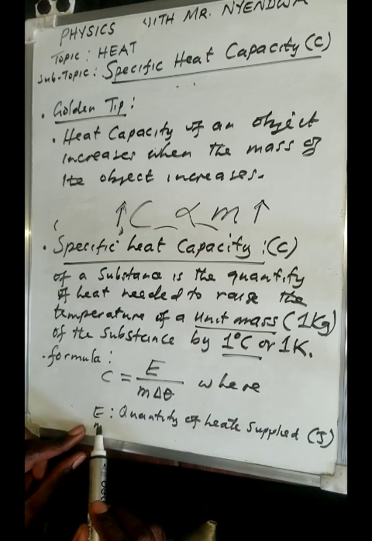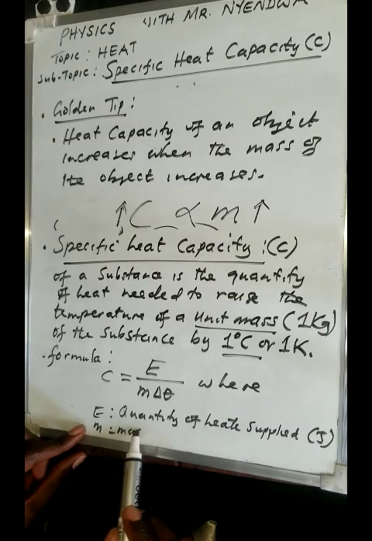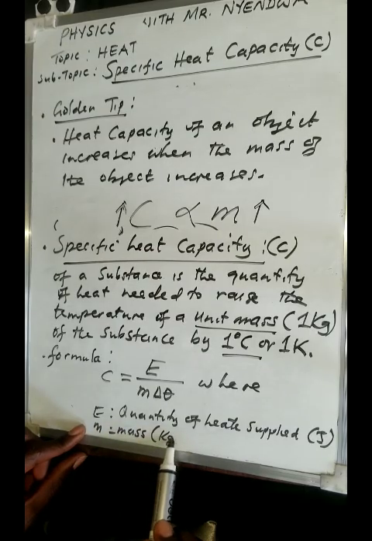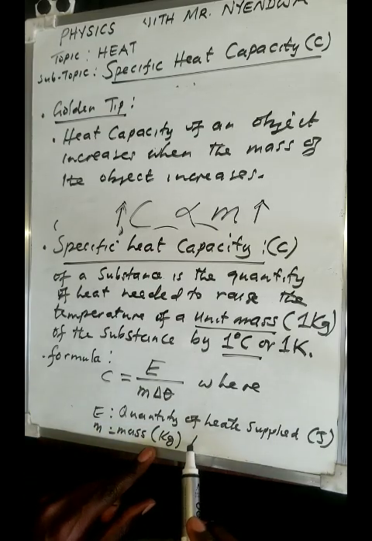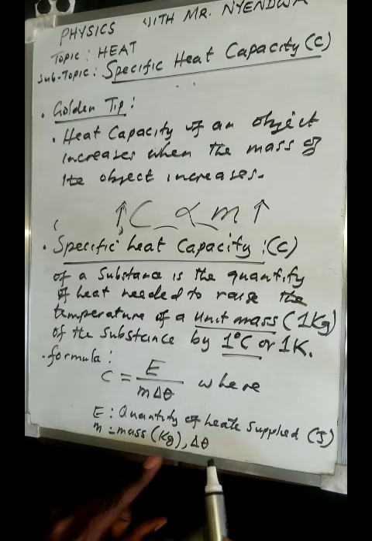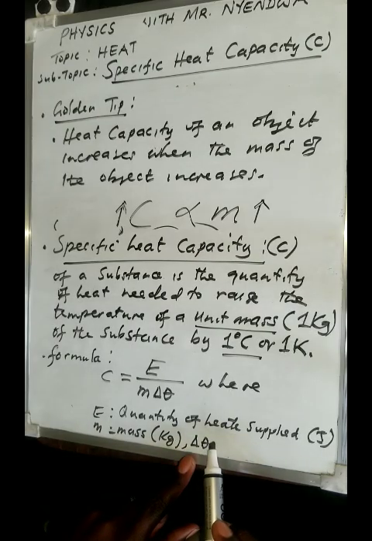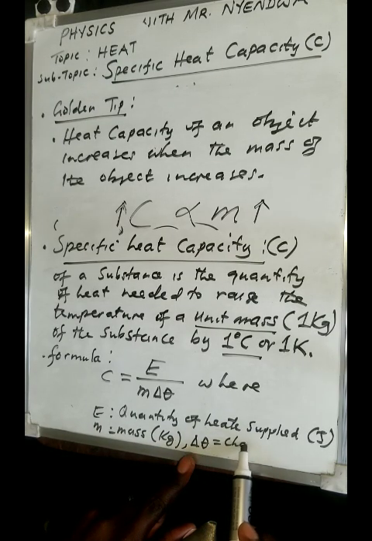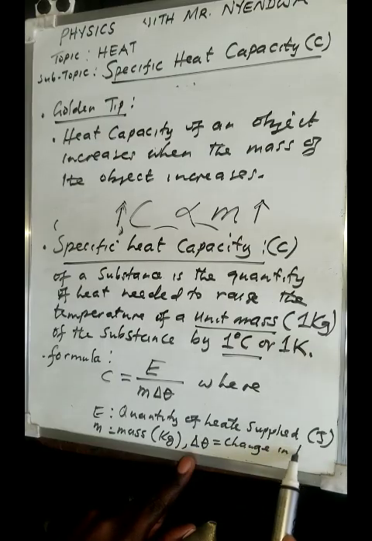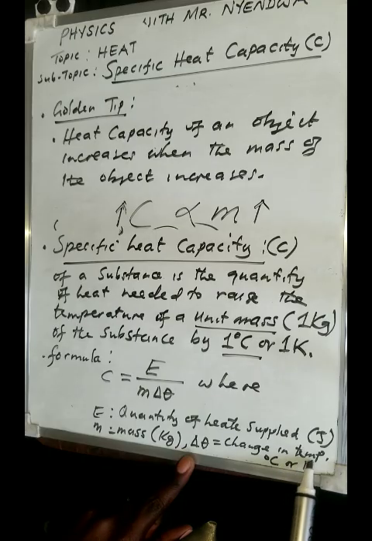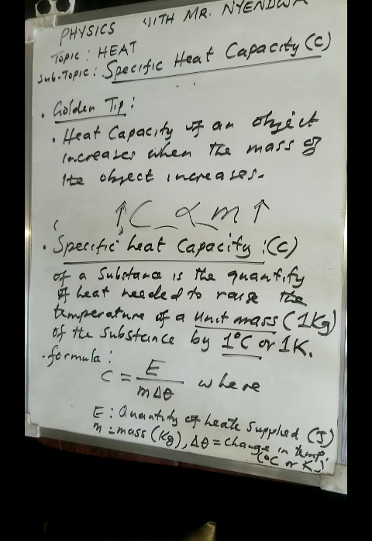M represents the mass, which is supposed to be in kg, and delta theta represents the change in temperature. It could either be in degrees Celsius or in Kelvin. That is what you need to remember.